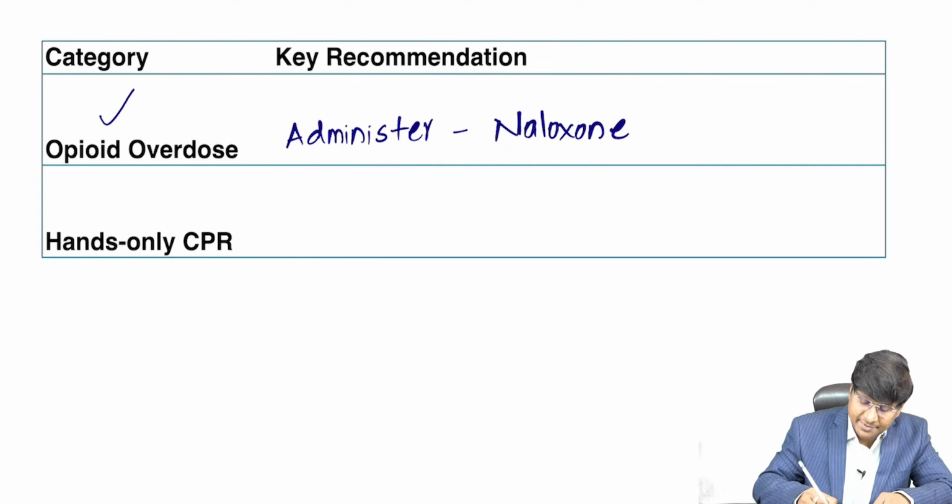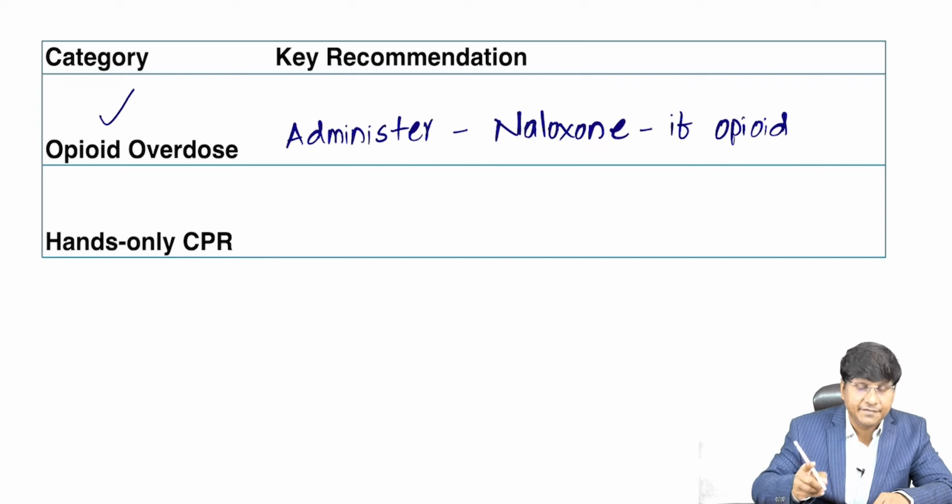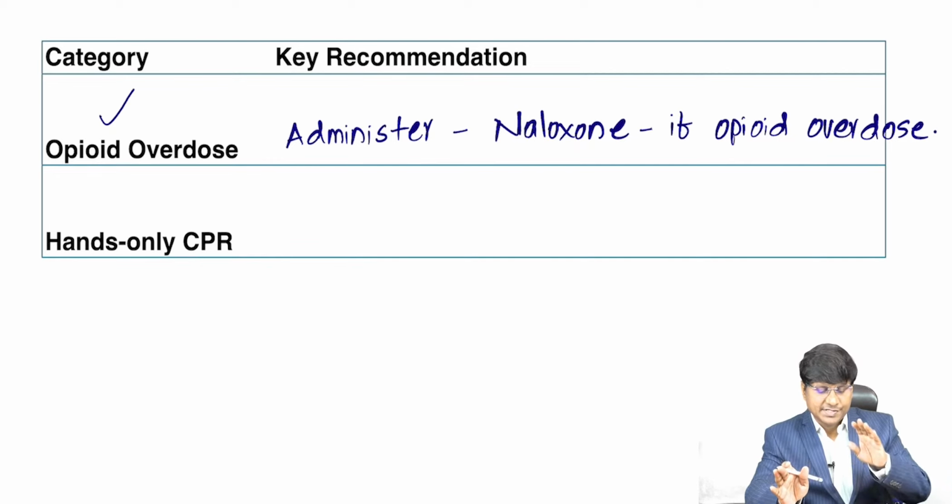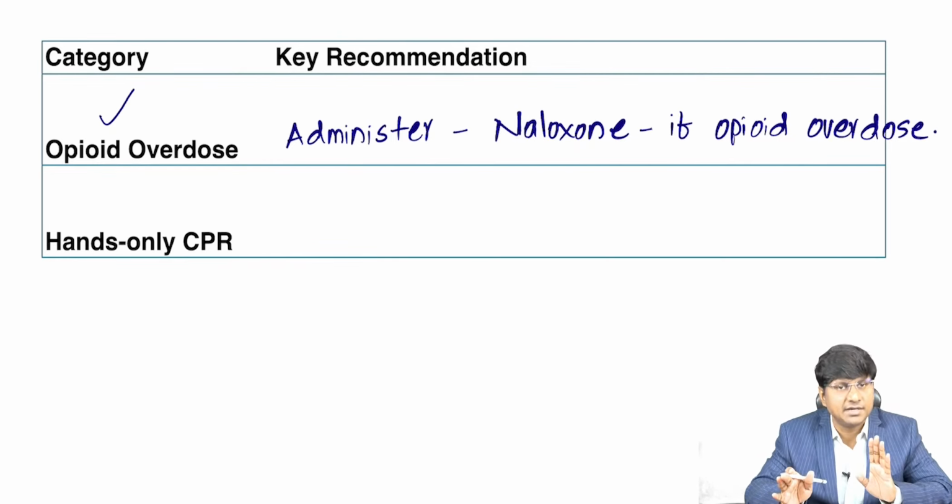When will you administer naloxone? Mainly if opioid overdose is suspected. If you are suspecting opioid overdose, that is when you need to administer naloxone.